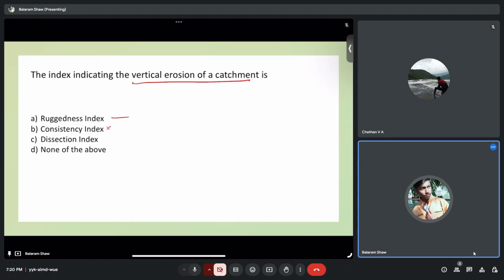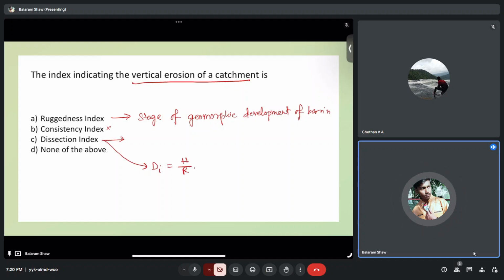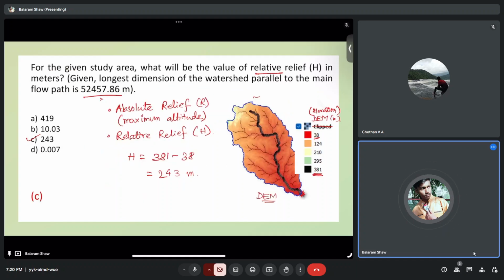So the ruggedness index indicates the stage of geomorphic development of the basin, whereas the dissection index, mathematically, dissection index GI is the ratio of H to R. We have mentioned what H and R are, right? What was H? H was the relative relief, and what was R? R was the absolute relief.